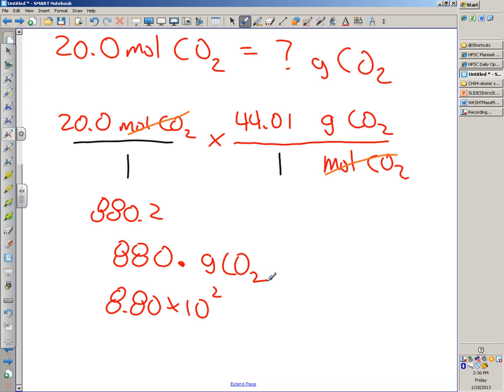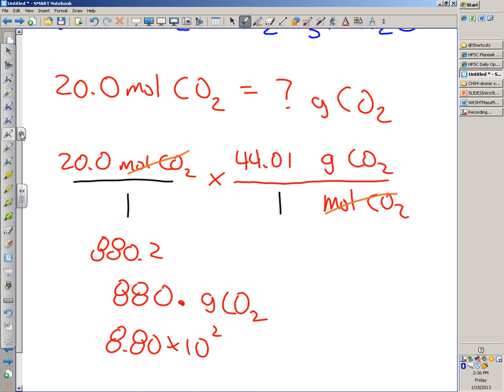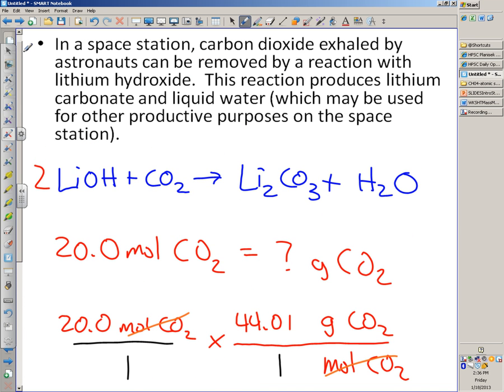This is pretty much your quiz on Monday or Tuesday, right? You won't have to write the equation, but if I say, hey, a reaction contains lithium hydroxide, what's the formula for lithium hydroxide? You're going to have to come up with this, right? Or if I say the product of a reaction is lithium carbonate, what's the formula for lithium carbonate?